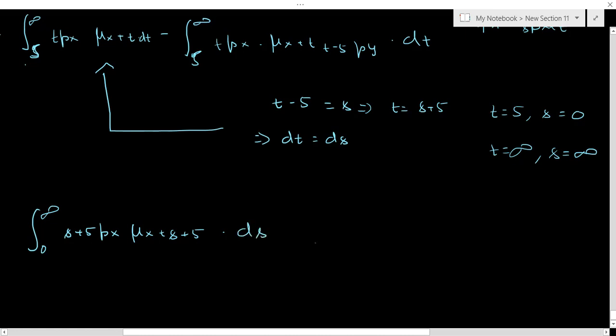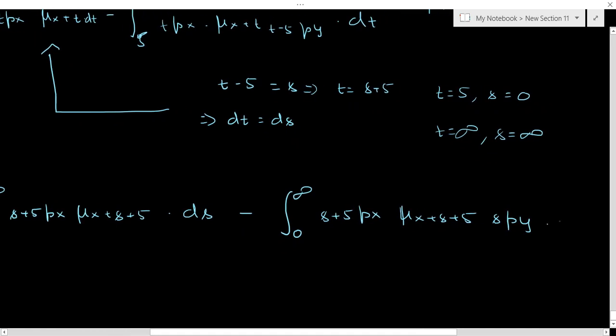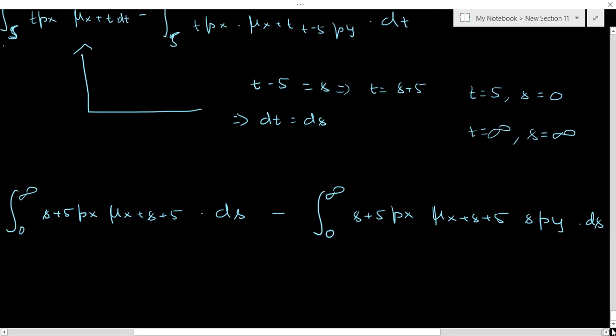So that's what I have. And now minus, going from 0 to infinity again, because when t is 5, s is 0. Tpx again becomes s plus 5 px, and mu x plus s plus 5, and t minus 5 is s, so that becomes spy, and a ds here, right? So that's how these integrals actually change.